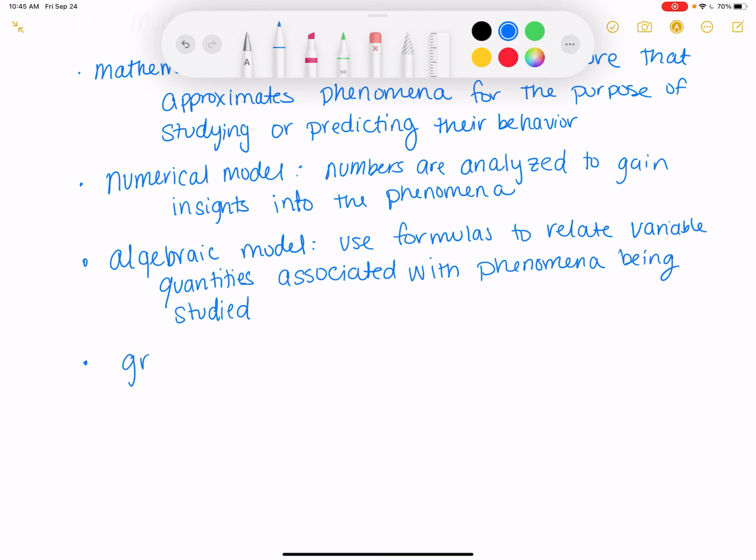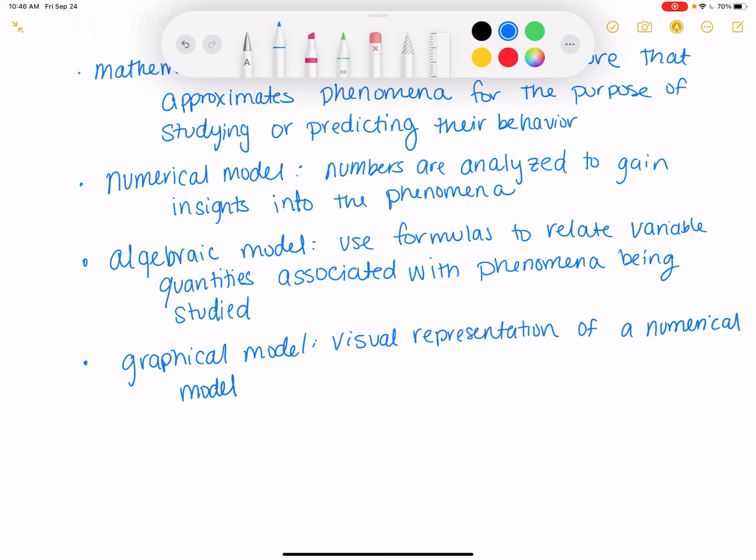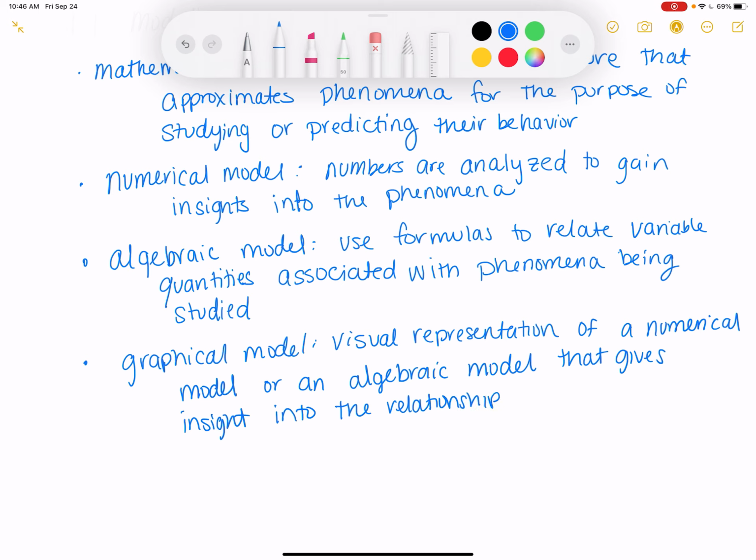But another model is the graphical model, which is a visual representation of a numerical model or an algebraic model that gives insight into the relationships between variable quantities.